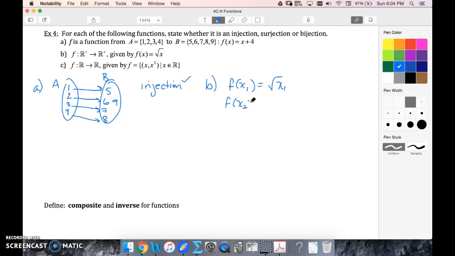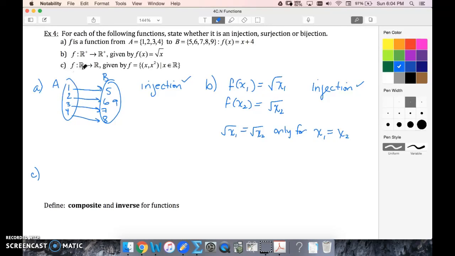F of x2 is going to be equal to the square root of x2. Well, root x1 is equal to root x2 only when x1 equals x2. That's true, so this is also an injection.